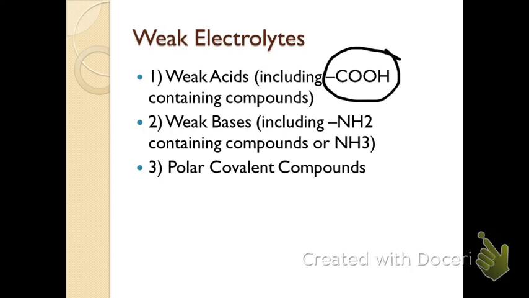Weak bases are also weak electrolytes, like NH2 containing compounds or the ammonia compound, which should be NH3. Polar covalent compounds are also weak electrolytes because they have a slightly positive and a slightly negative end, just like the ionic compounds do.